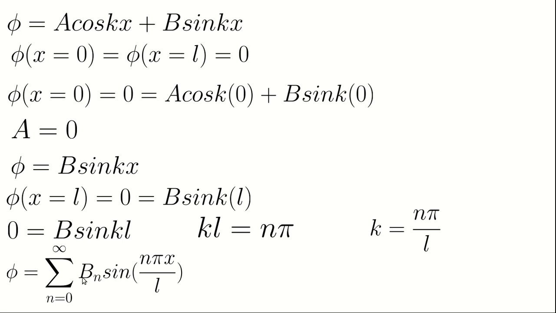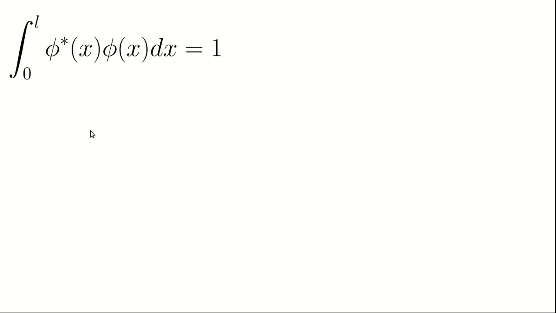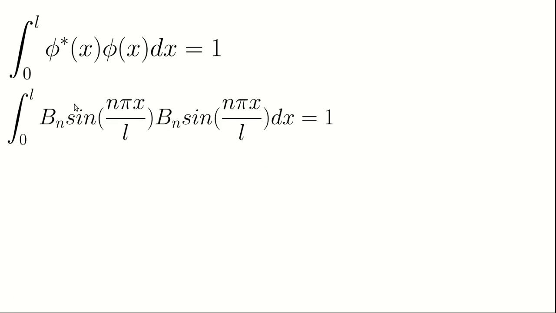expression, and the normalization expression is given by this, where phi star is the complex conjugate of phi, and when we normalize this expression, it should be equal to 1. So let's go and write this expression out for our phi, and that gives us this part. So we've dropped our summation, which might not be needed now.